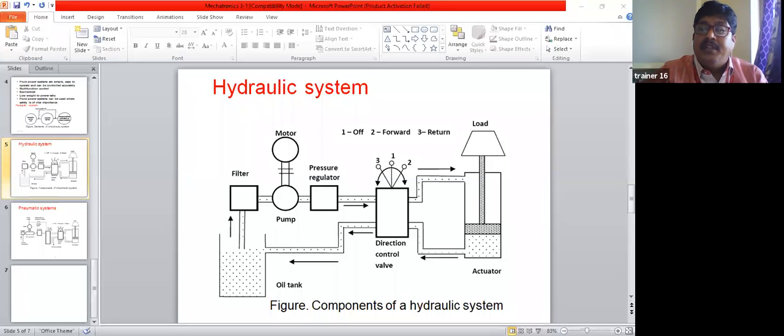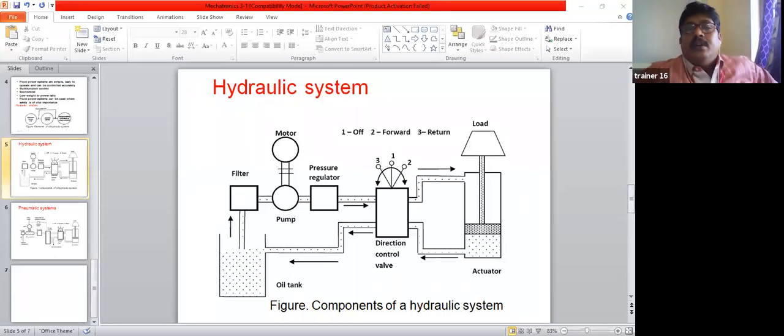Lifting and conveying devices. In the mechanical actuators, belt drives are there, right? Conveyor belts like that carry the material from one place to the other place. But these lifting and conveying devices can also be operated with the help of hydraulic and pneumatic systems, removing all these belt drives.